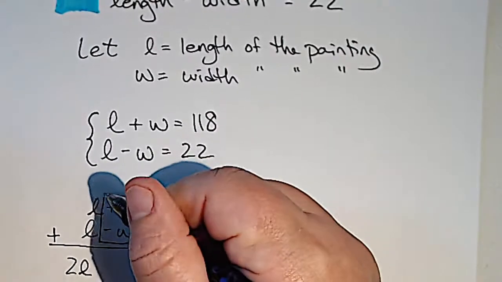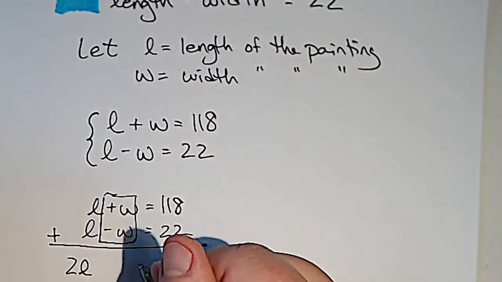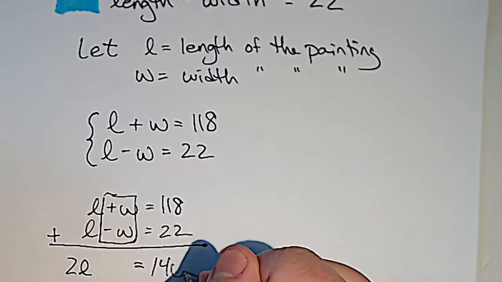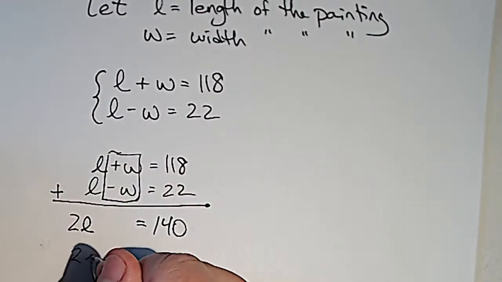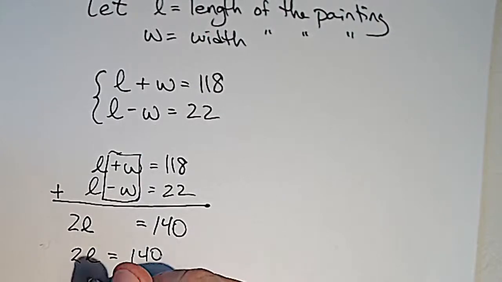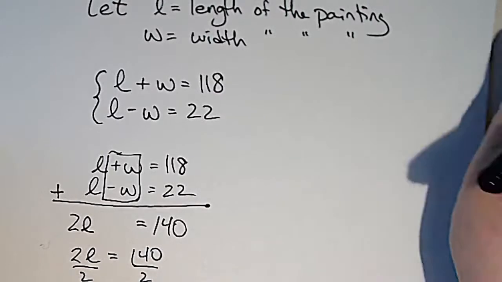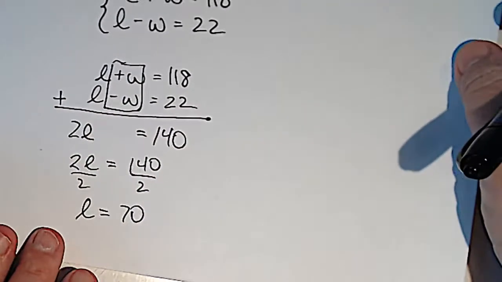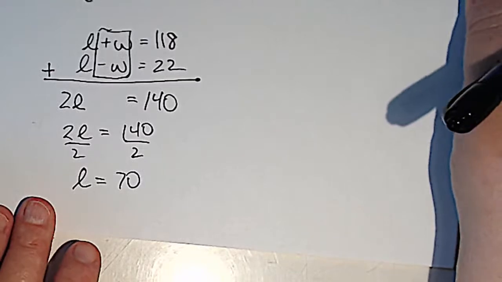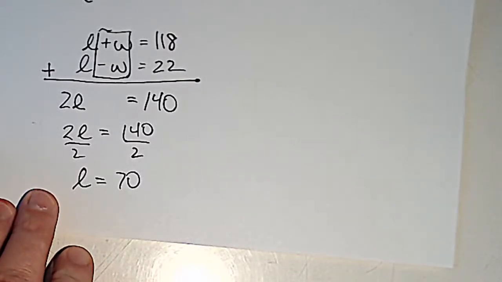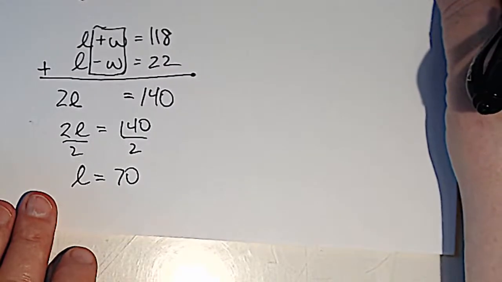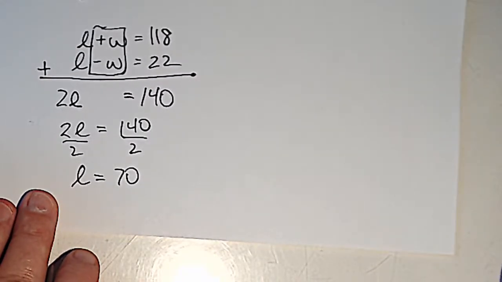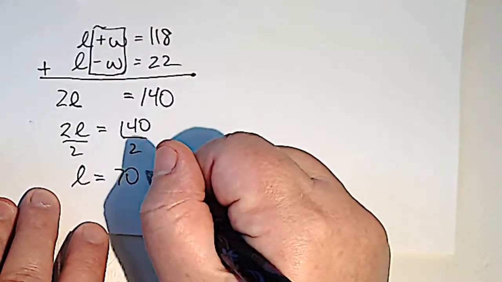The W's completely cancel out, and over on the other side, I get 140. Woohoo. Or in other words, L equals 70. And some people ask me, why did you suddenly draw your L's in that squiggly way? The answer is because if we draw the L like a single line that goes up and down, it looks like a 1. So my length is 70, and in fact, that's in inches.